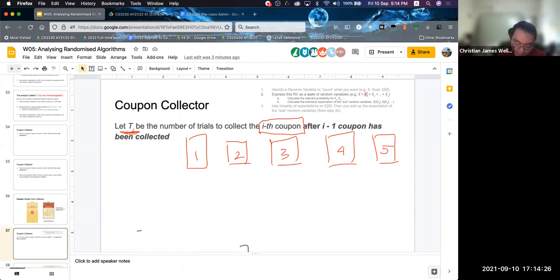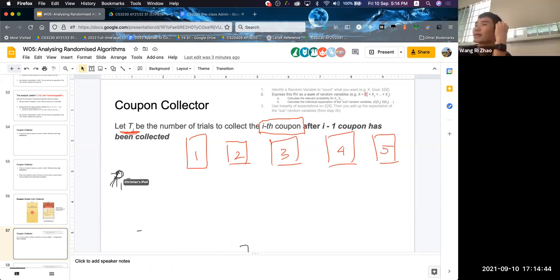Let's say I haven't collected T1. What's the probability of T1? I haven't collected anything. So I've not collected anything. What's the probability of P1? P1 is 1 over n.